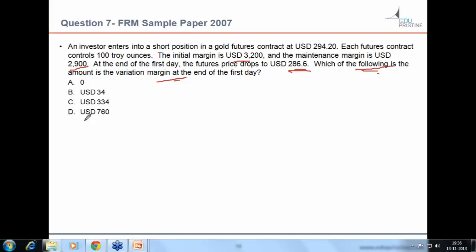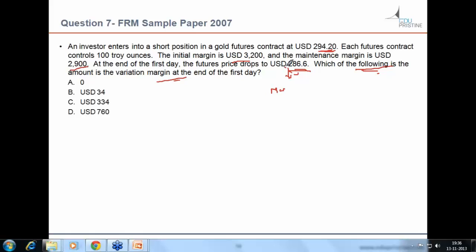We first have to estimate the losses the investor has made. Do you think he has made any losses? Not really, because he is short the contract, and the prices have dropped. So the margin account is being credited with some more amount.